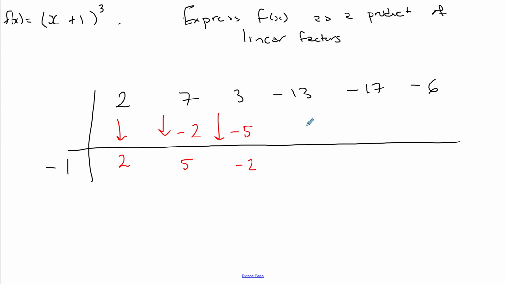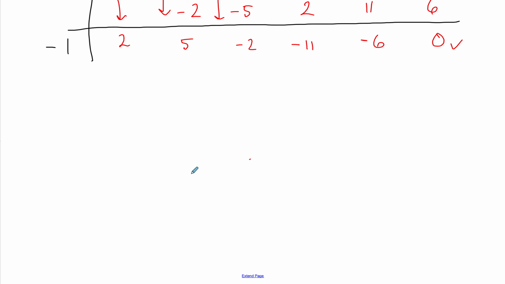We get -6, and we have a 6 and 0, which is what we're meant to get, because the remainder should be 0. So we've divided it once, but we have to repeat the process again.